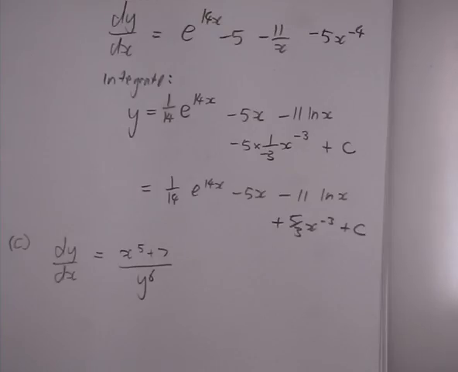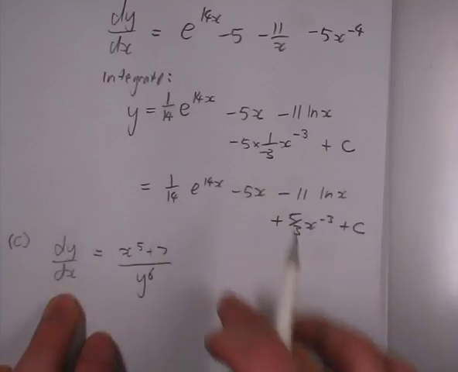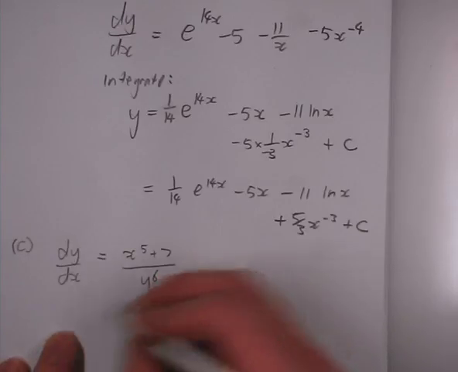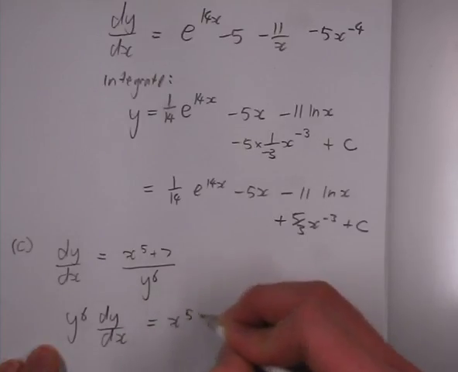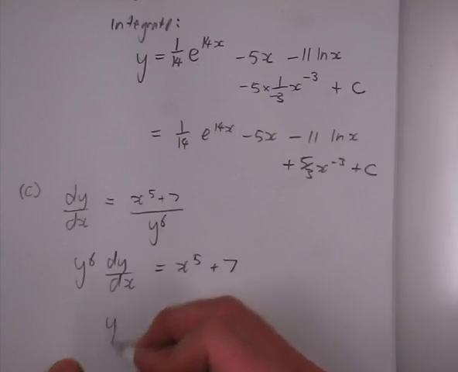Okay? So just like in substitution where you sort of ignore the integral sign and treat everything else like stuff that you can multiply together, that's what we're doing here. So I want to put all the y's and dy's over here and all the x's and dx's over here. So I will multiply both sides by y to the 6. And I'll multiply both sides by dx.